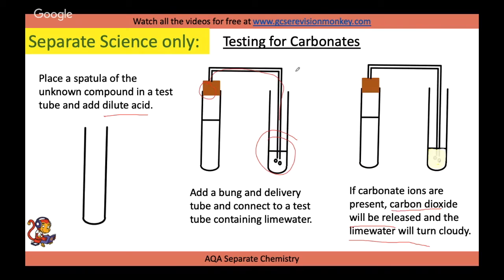So, for example, if previously you have identified sodium as the metal ion, if this test became positive, you'd know your substance was sodium carbonate. If this didn't go cloudy, you would have a think again about what this could be and do another test.